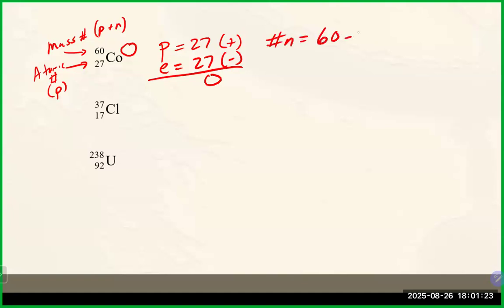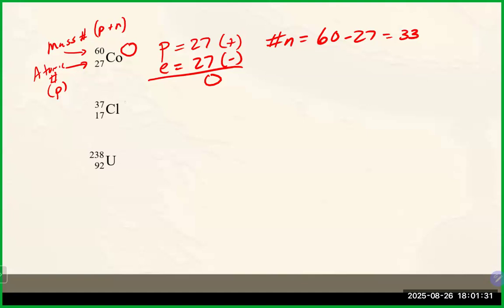In this particular case, Co, which is cobalt, should have 27 positive protons. Because it has no charge, nothing is written there, so it should have an equal number of electrons, giving no charge overall. The number of neutrons in this case is the top number, mass number, minus the atomic number, which is 33. Any questions on that one?